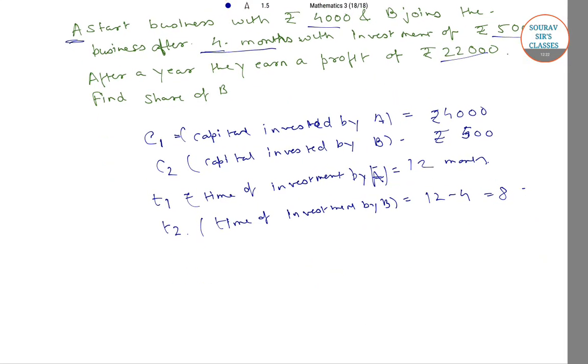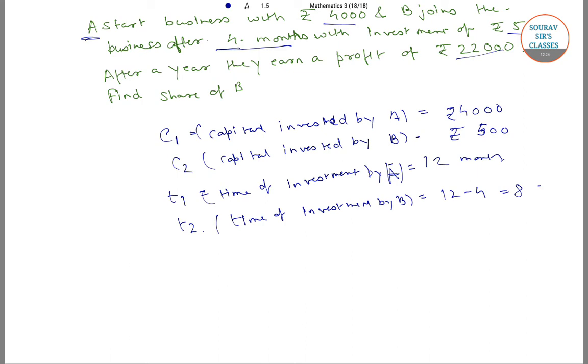Now their ratio of shares is C1 into T1 is to C2 into T2.